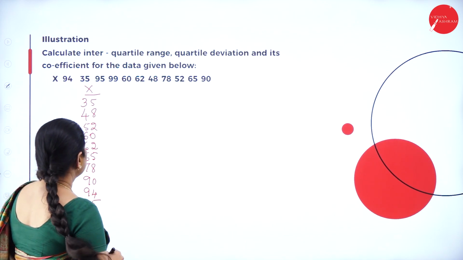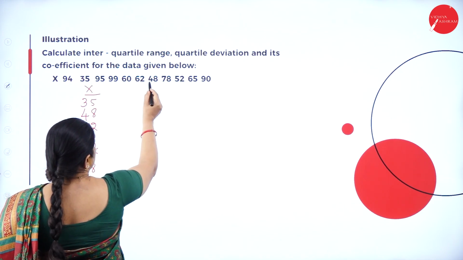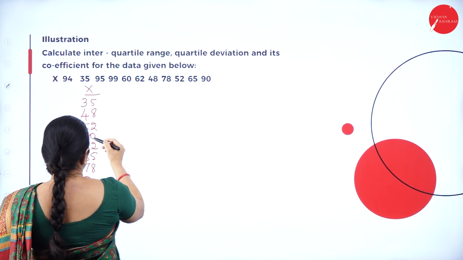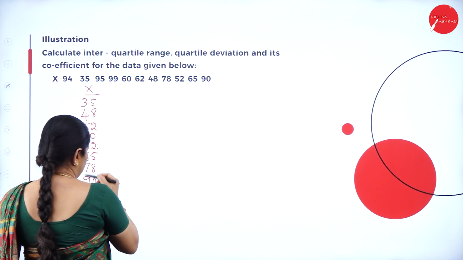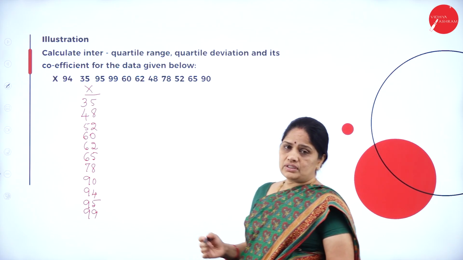Yes, so we have arranged it in the ascending order. So 2, 4, 6, 8, 10, 11. So I have here in the ascending order, I have written all the values.